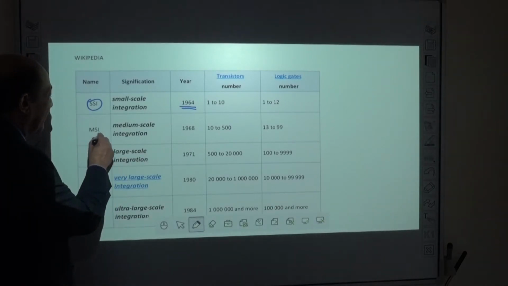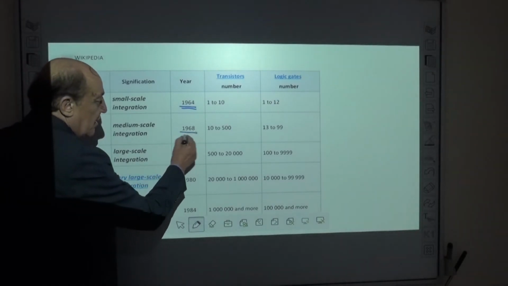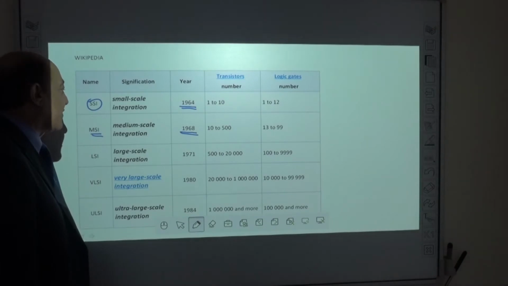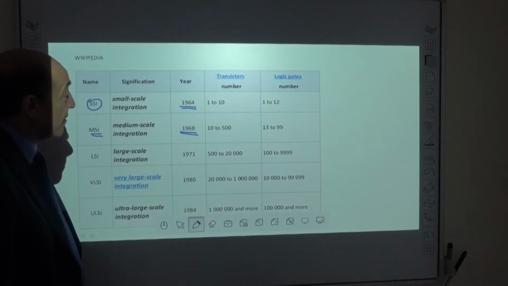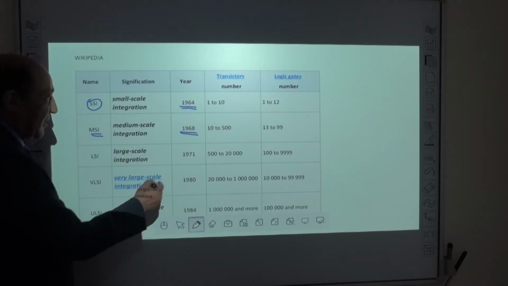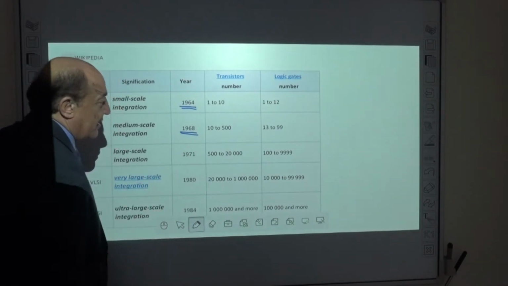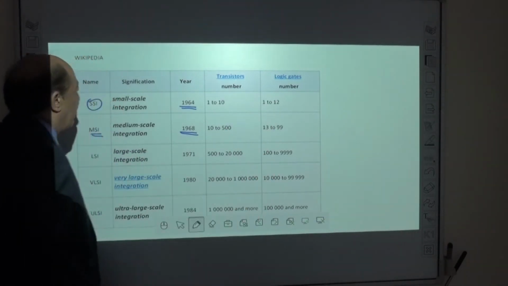Medium scale integration, they were produced in 1968 and they were used in the mainframe IBM 370, the start of the fourth generation computers. I already said the number of transistors in each of these parts.